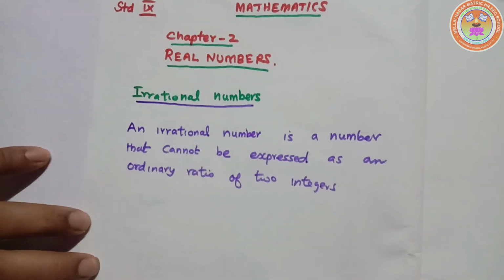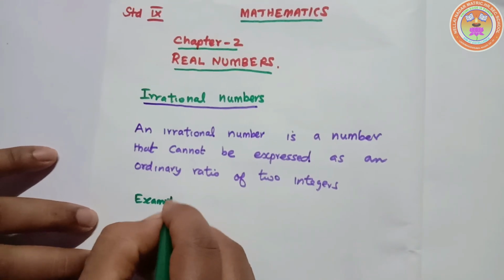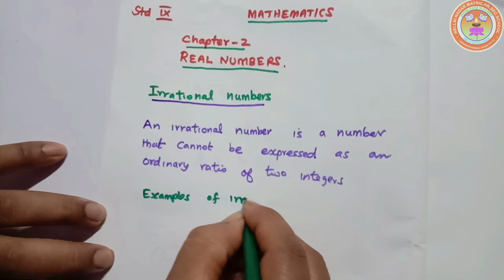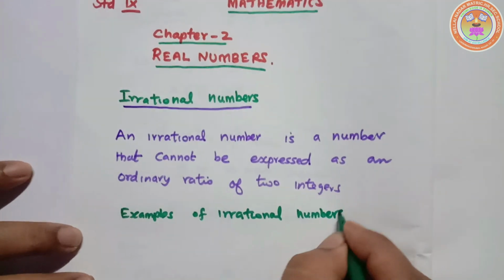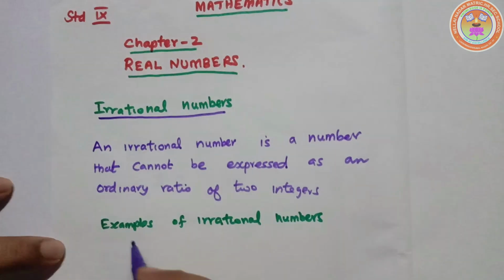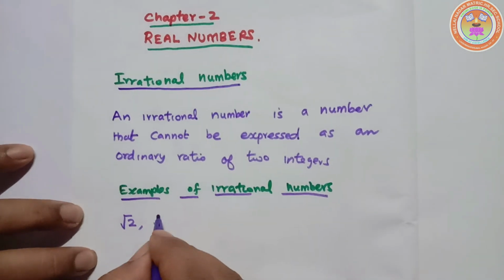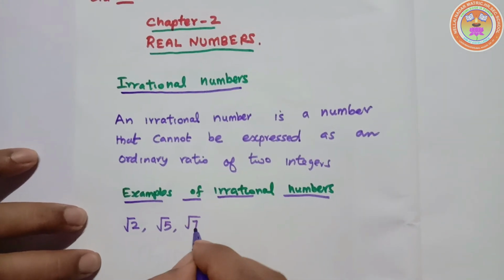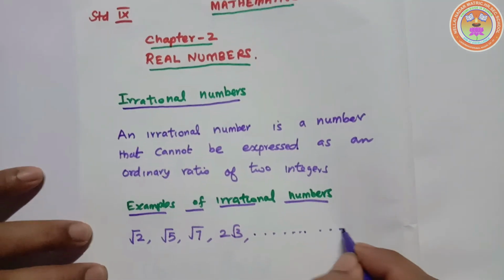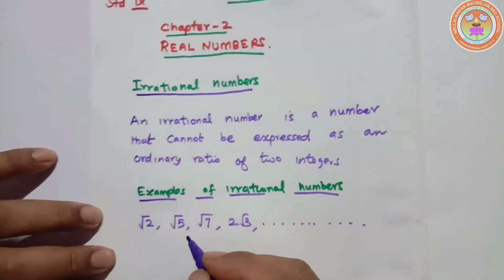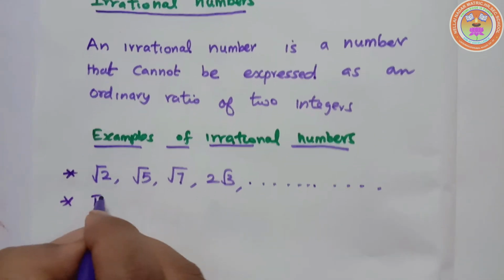Examples of irrational numbers. Here root 2, root 5, root 7, 2 root 3, up to there are any number of root numbers. So all are irrational numbers. Next, pi.